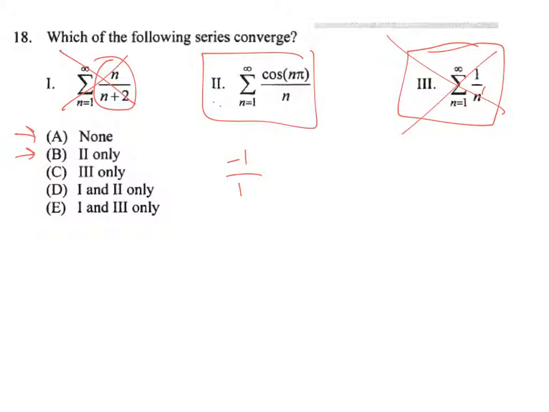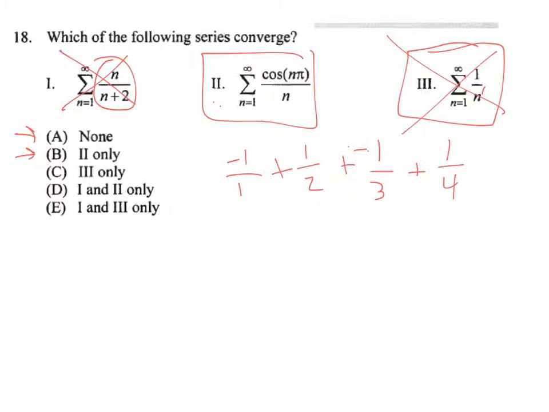And if you plug in n equals 2, you're going to get cosine of 2 pi, which is 1 over 2. When n equals 3, you're going to have cosine of 3 pi, which is going to be negative 1 over 3. And then if n equals 4, you're going to have cosine of 4 pi, which is back to 1 over 4.